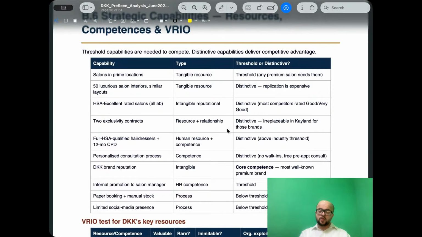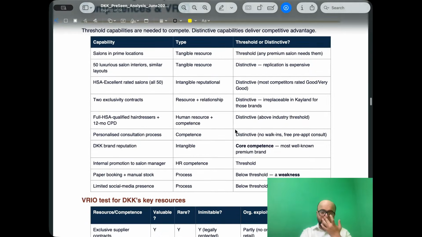Okay. Two exclusivity contracts is great. Those two suppliers can only operate through you. Then full HSA qualified hairdressers, distinctive. Nobody has so many. 12 months CPD, no one has. Every 12 months, that training session and skills improvement. Then personalized consultation process, again distinctive. Everyone doesn't have it.